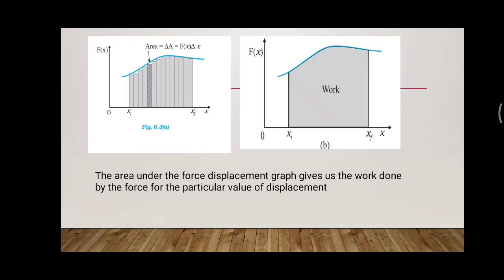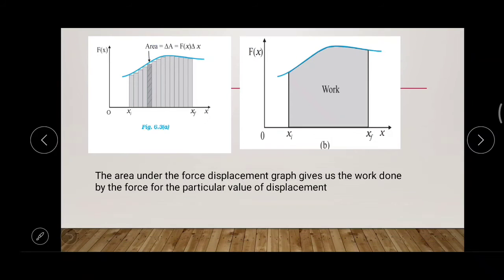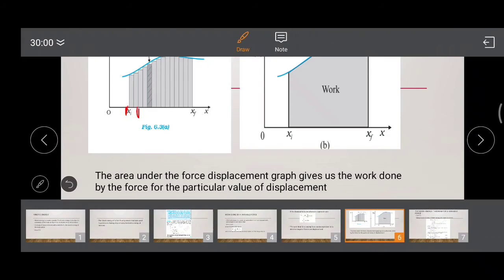Here you can see the first graph, or the second graph, in both cases the force is not constant throughout the displacement from point to point. Suppose you consider these two points, the initial and the final. In between, the force value is varying like a straight line like this.